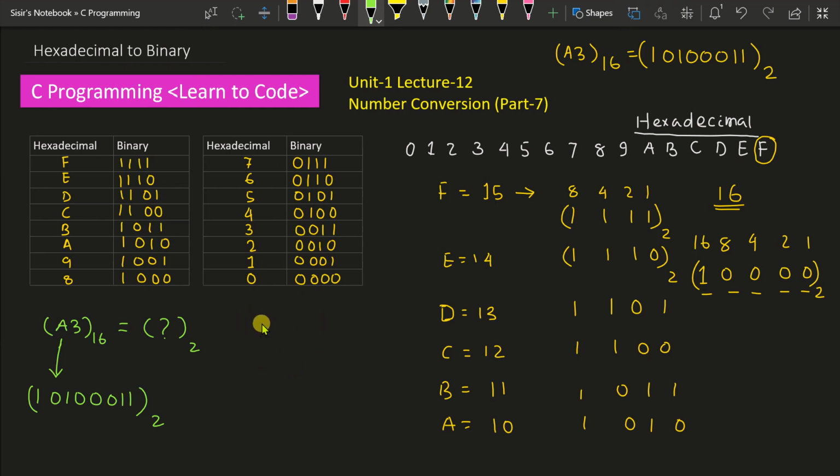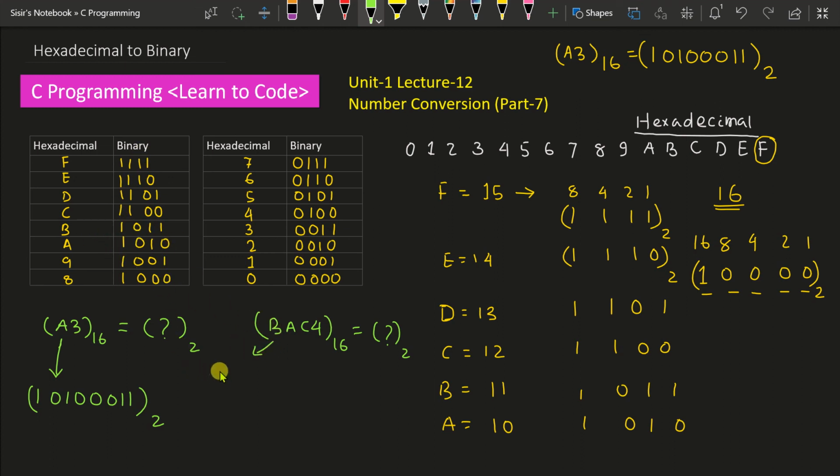Let us take another example. Suppose somebody asks you: BAC4 in hexadecimal is how much in binary? You know how to convert each digit to its corresponding 4 digit binary number. I have already converted them and represented them in this table, so I'll use those values.